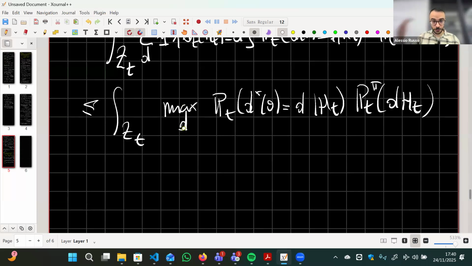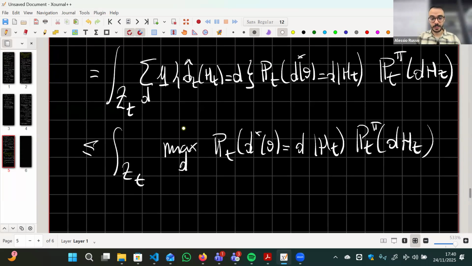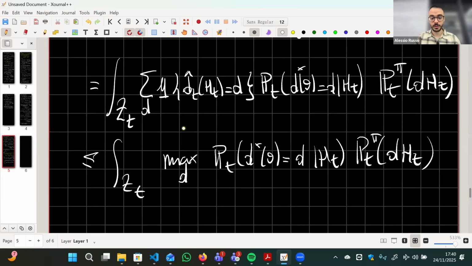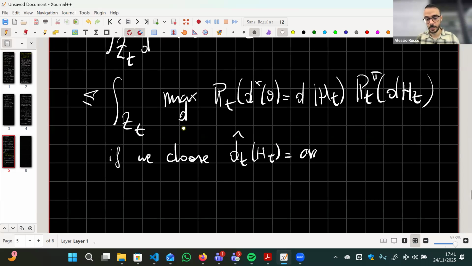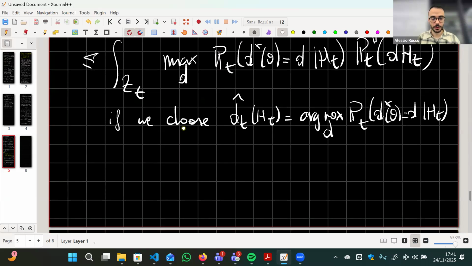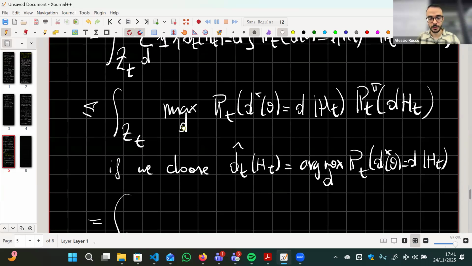If you choose d hat t of h_t to be equal to the argmax over d of the posterior, then we have just shown that this is also equal to an integral over trajectories. Maybe let's not use the hat here, but let's use another symbol, tilde.